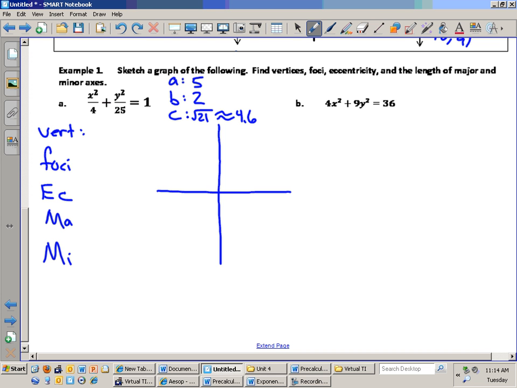So is this thing stretched vertically or horizontally? Vertically, why? Because the bigger number sits under y squared, therefore it's stretched vertically.